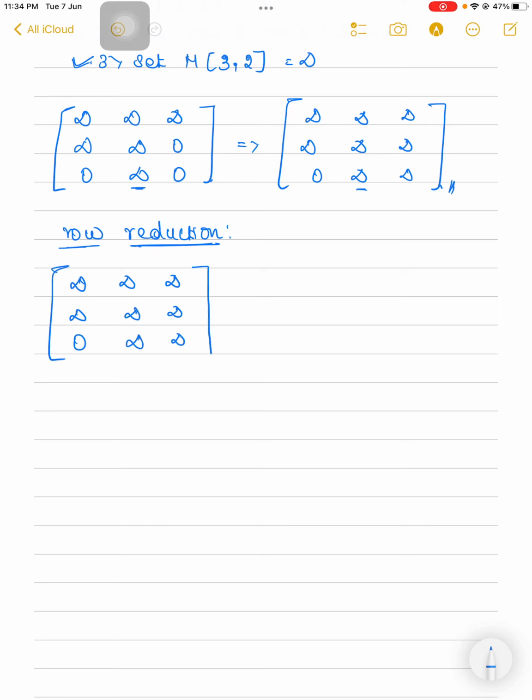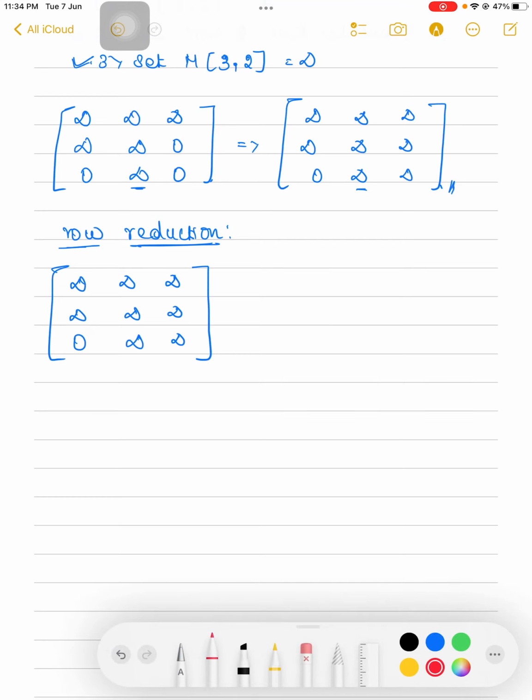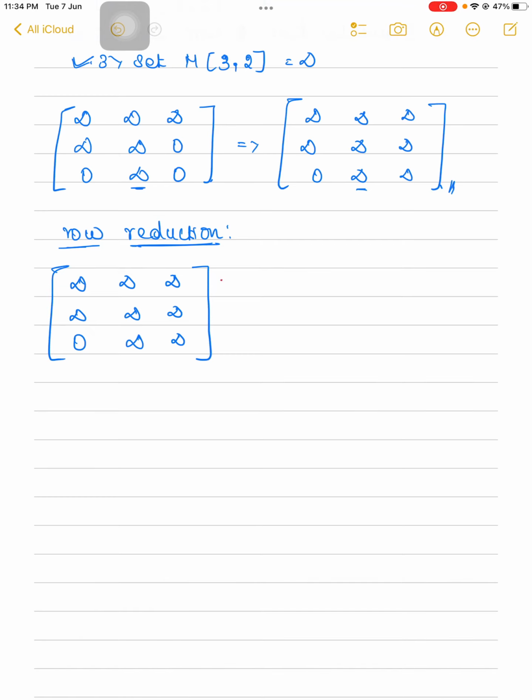This is the original matrix. Now identify the row minimum. There is no row minimum value. Here it is null, here it is 0. Since all are null and 0, it will remain the same. Next, column reduction.